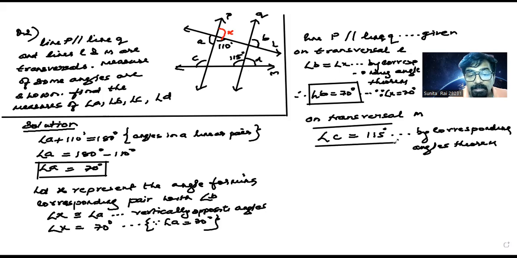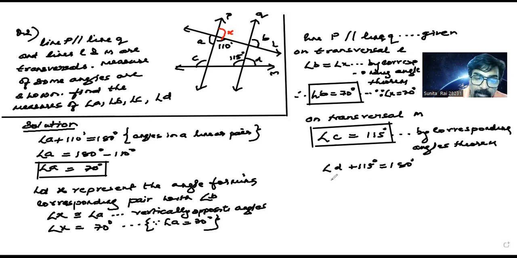Okay. The next I want, children, is angle D. Now how will I find angle D? D forms a linear pair with 115 degrees. Look at D in the picture, child, D is forming a linear pair with 115 degrees. So angle D plus 115 degrees is equal to 180 degrees.